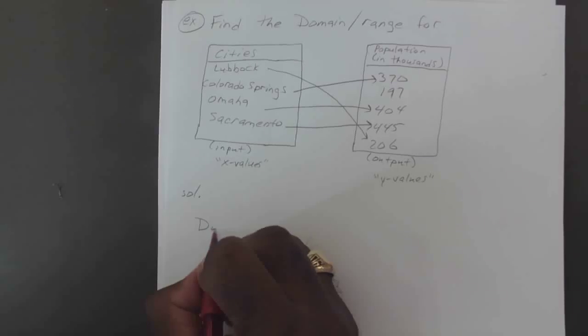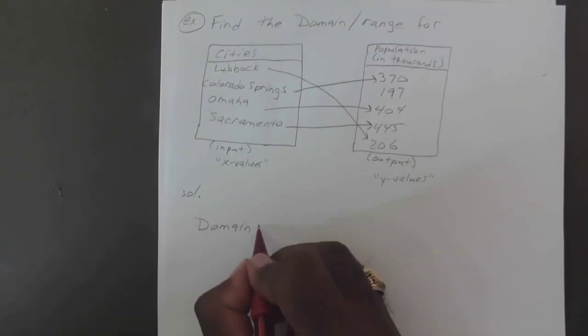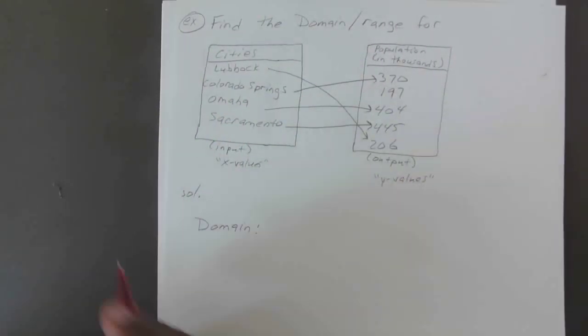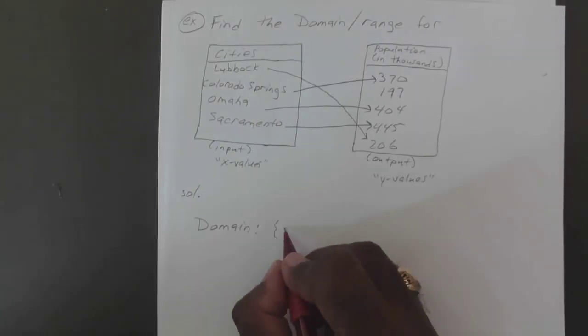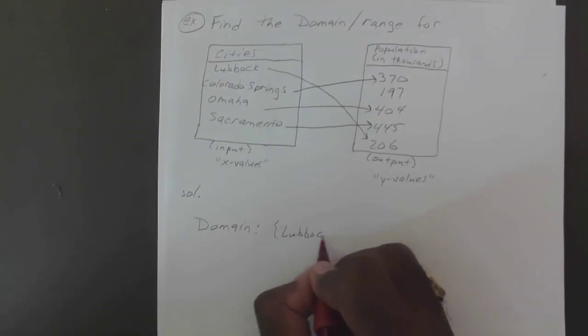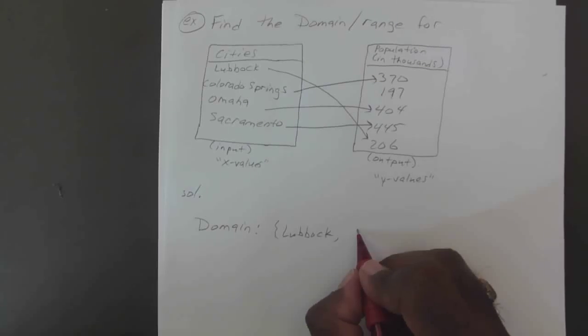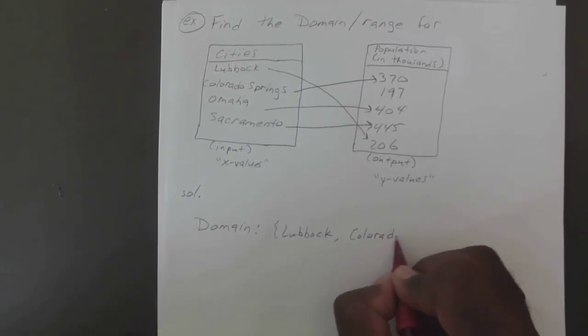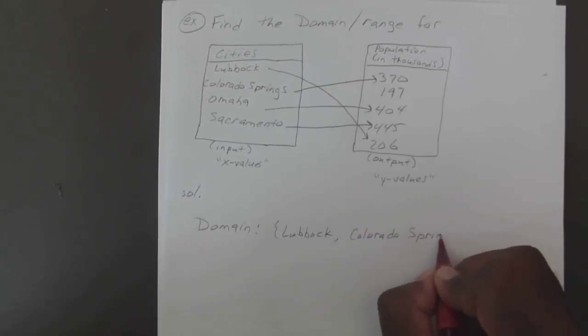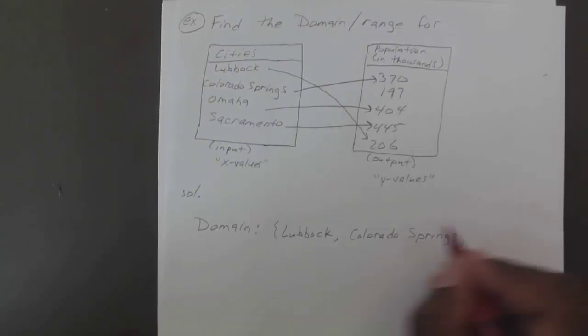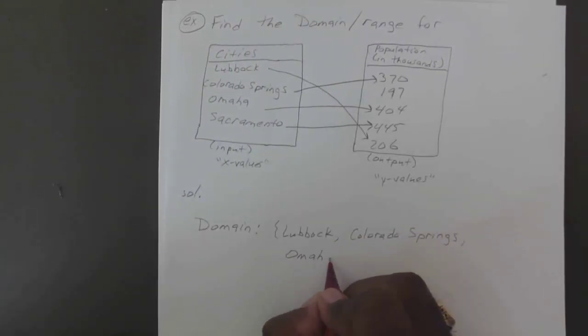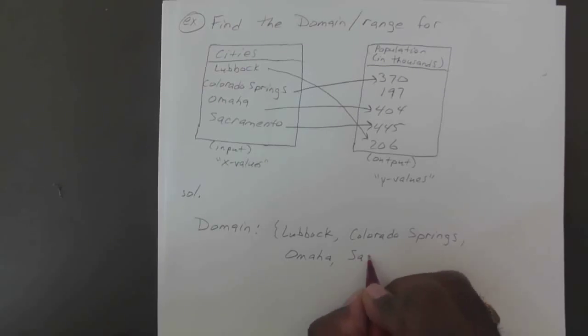Okay. So that means your domain, all possible X values, which is Lubbock, Colorado Springs, Omaha, and Sacramento.